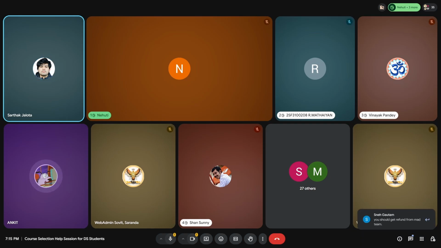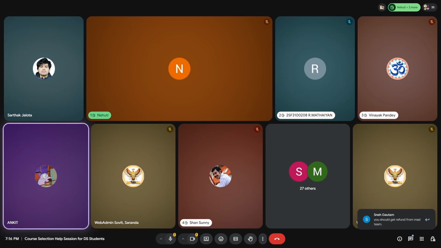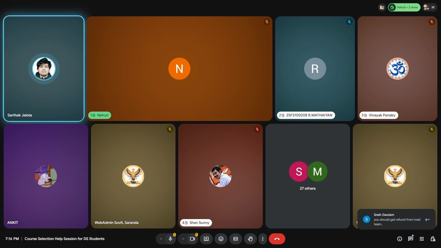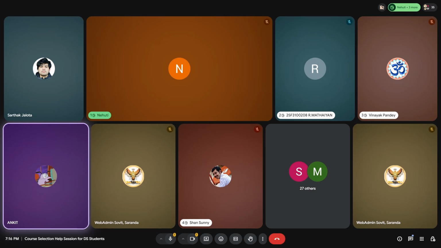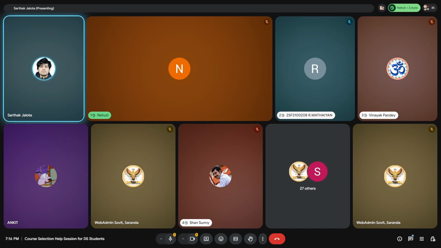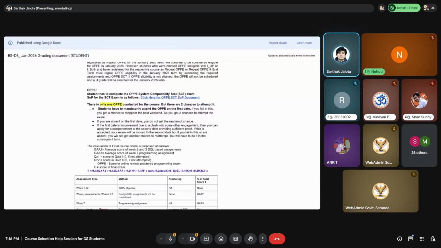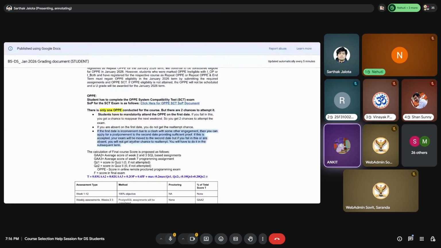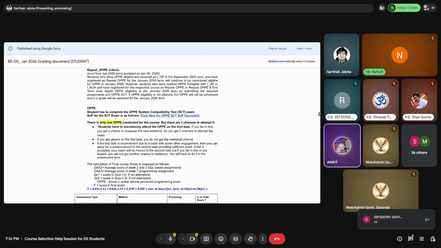हाँ, एक सेकंड, मुझे ग्रेडिंग डॉक्यूमेंट खोलना पड़ेगा। देयर इज ओनली वन OPPE कनेक्टेड फॉर द टेबल सिस्टम। कहाँ गया ग्रेडिंग? आप इसको रेफरेंस दे रहे हैं? इफ यू कैन सी दैट, दिस वन। एक सेकंड। नहीं नहीं, ऐसा DBMS का कहाँ था?